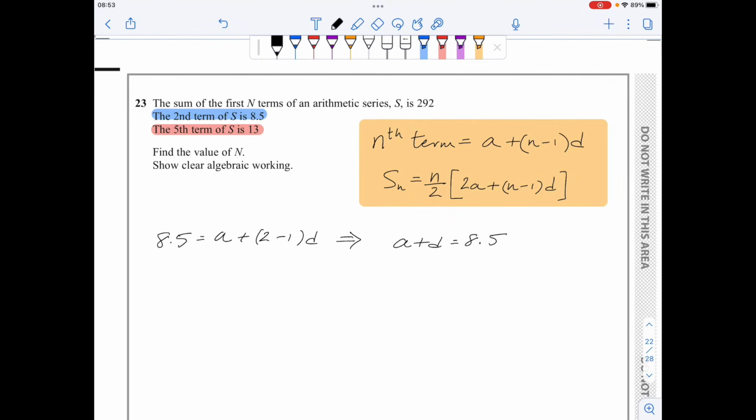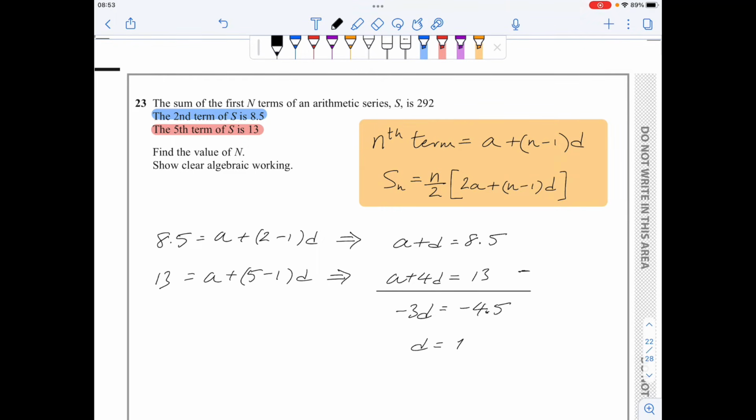Using the red statement, 13 is equal to A plus (5 minus 1)D. So A plus 4D is equal to 13. So let's subtract these two. The A disappears. I've got minus 3D is equal to minus 4.5. So D comes out to be positive 1.5.